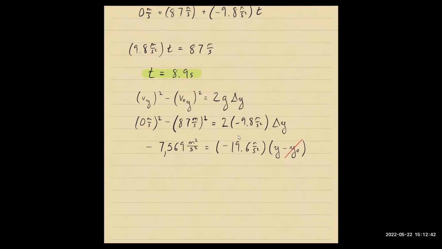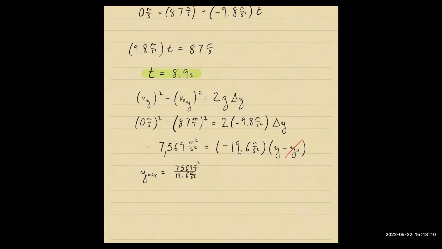And now if we divide both sides by minus 19.6, we get that the height, our max height in this case, is going to be equal to 7,569 meters squared per second squared divided by 19.6 meters per second squared.